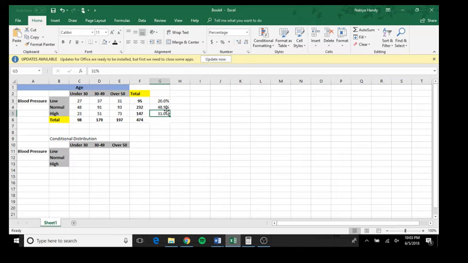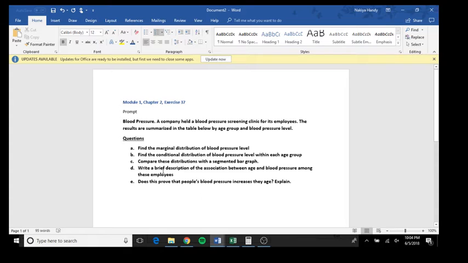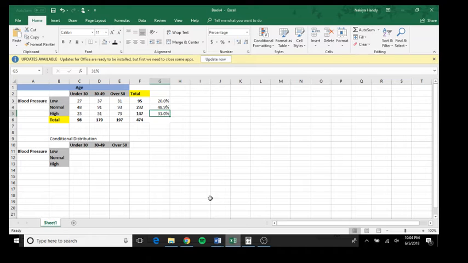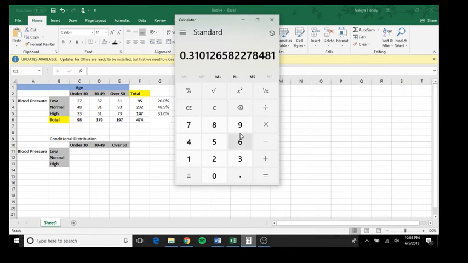So now that we found the marginal distribution of the blood pressure level, we're going to do the conditional distribution of blood pressure level within each age group, which is question B. So now we're going to do B. And basically, the conditional distribution is basically finding the percent under each age group.